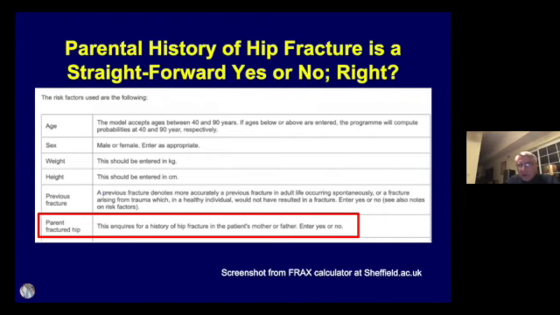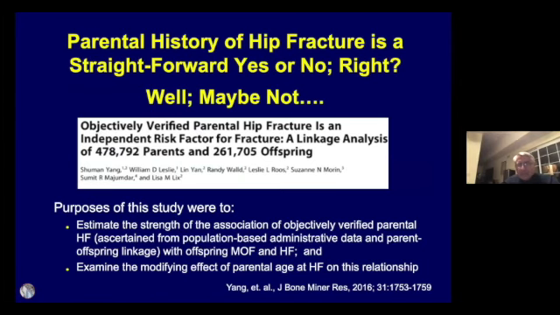Well, that's straightforward, right? You go to the FRAX webpage and it says, inquire about a history of hip fracture in the patient's mother or father. Enter yes or no. How can we screw that up? Well, here's a study that came out of Bill Leslie's group up in Manitoba, published in JBMR about 5 years ago.